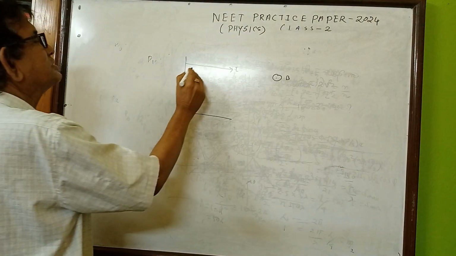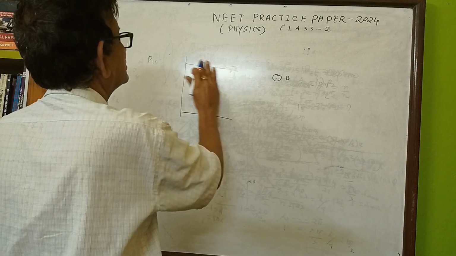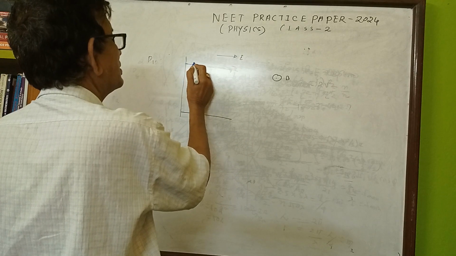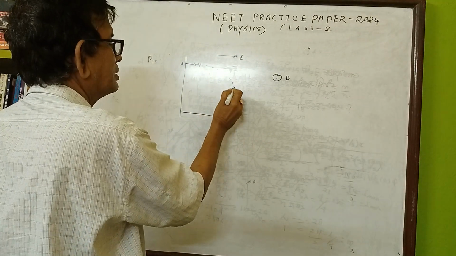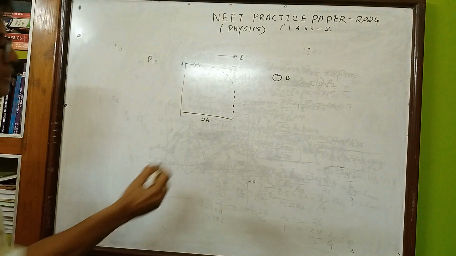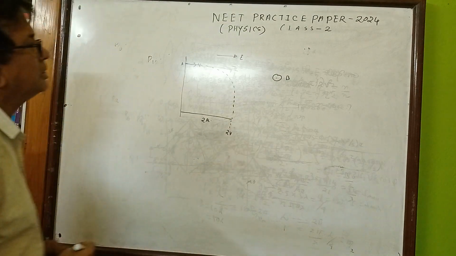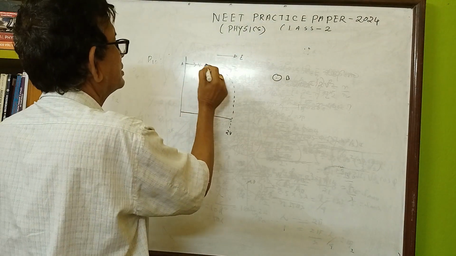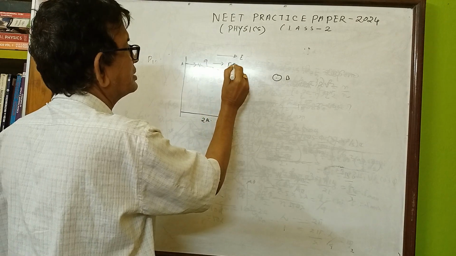Now a particle is thrown horizontally with velocity v at the point A, and it drops at a distance 2a. Downward velocity is 2v. Now the question may be force on that particle Q. Force along this direction will be electrical force QE.